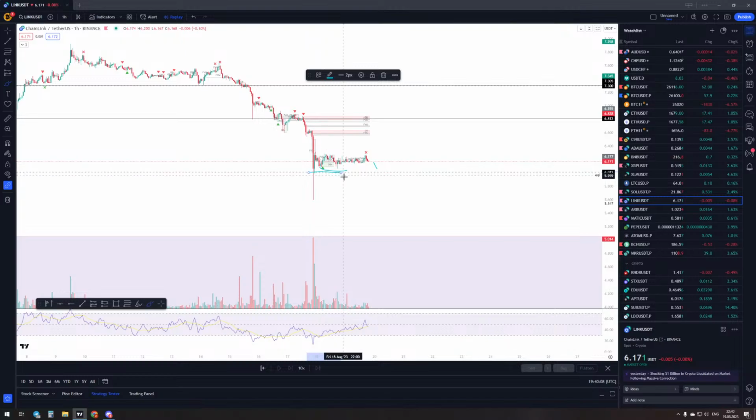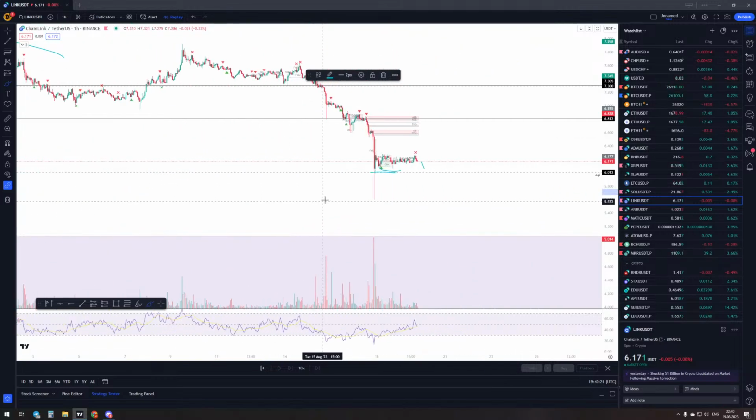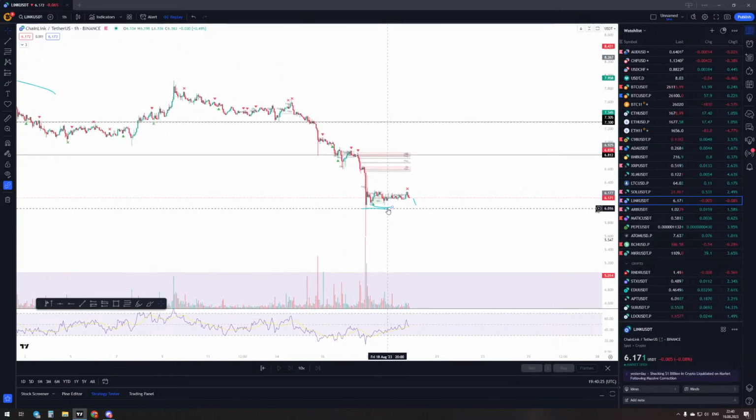We can just do something like this, but it was an important week, unfortunately, because we grabbed liquidity from these lows. Actually, no, it's fine.